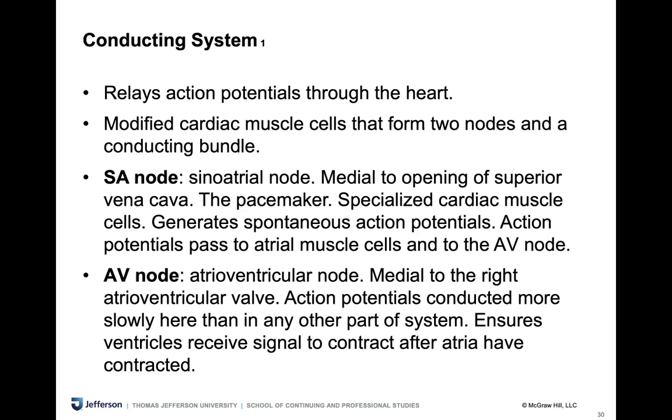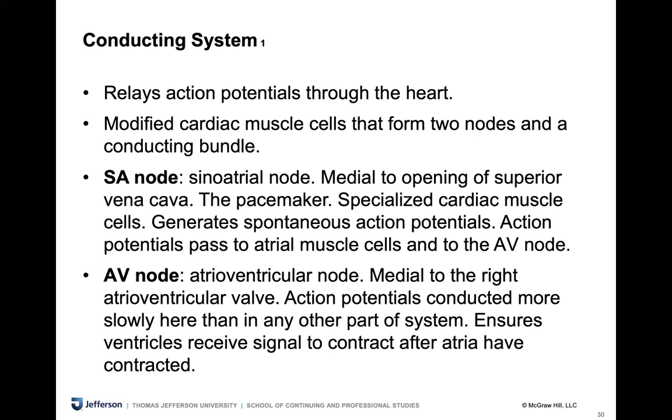The SA node are specialized cardiac muscle cells that generate spontaneous action potentials. The action potentials pass to the atrial muscle cells and then to the AV node. Once passed to the AV node, this will end up firing the AV node. But let's talk about what the AV node is first. The AV node is located medial to the right atrioventricular valve.